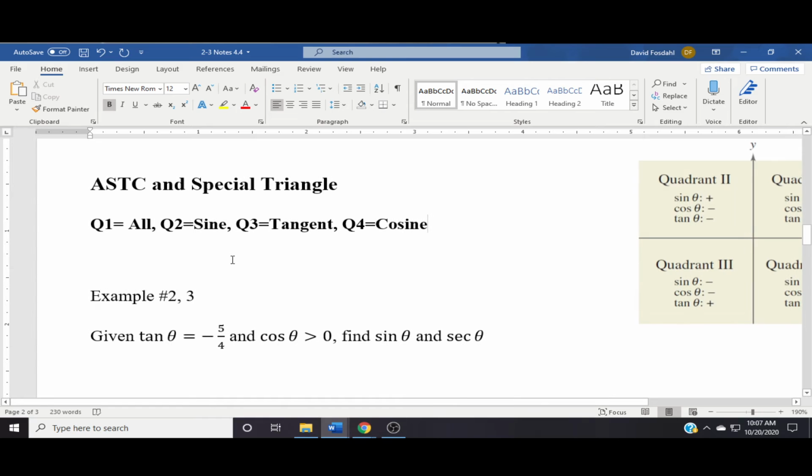Now, why is that important? Well, because there's one other thing, special triangles. There are 2 triangles you should know: 45, 45, 90, and 30, 60, 90.